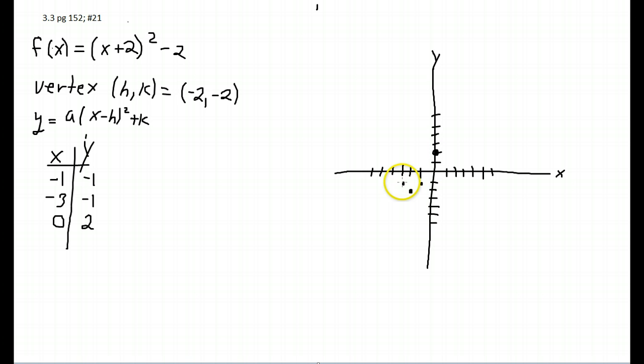And then we also have the give me of negative 4, 2 because of the symmetry of parabolas. So negative 4 up to 2. And we just connect the points, and there is our parabola.